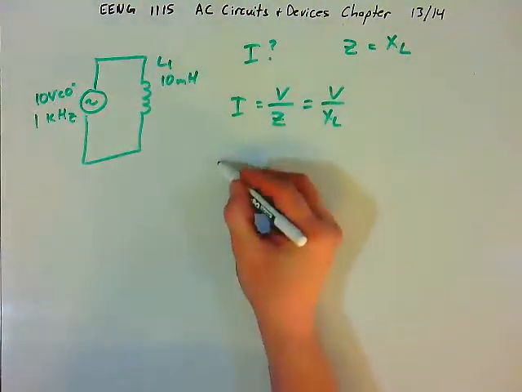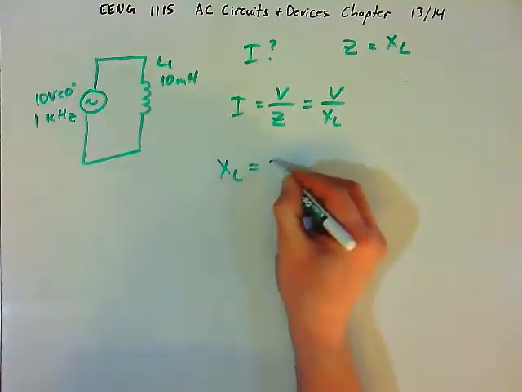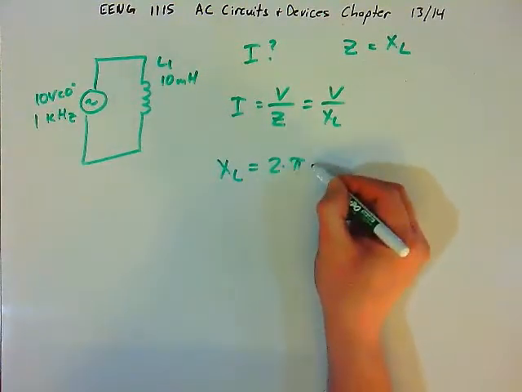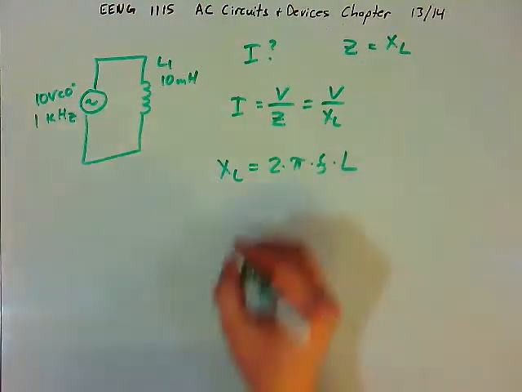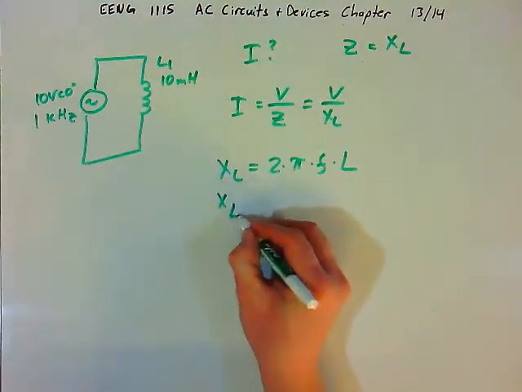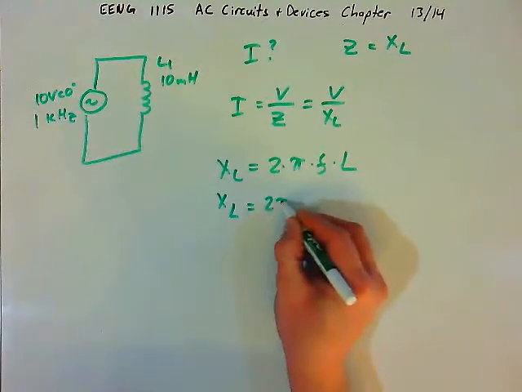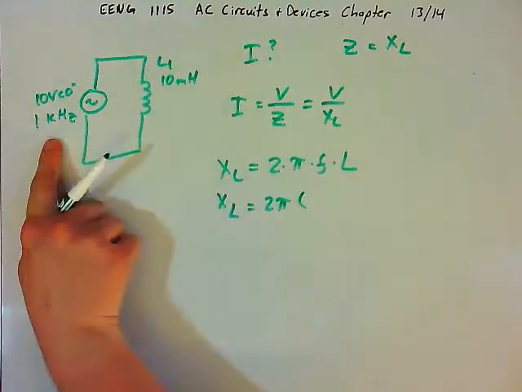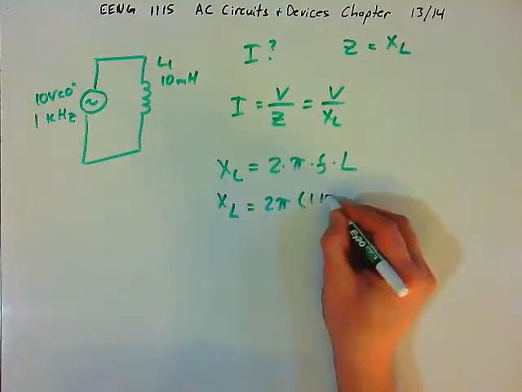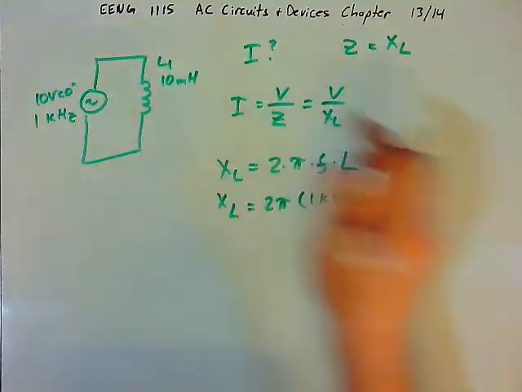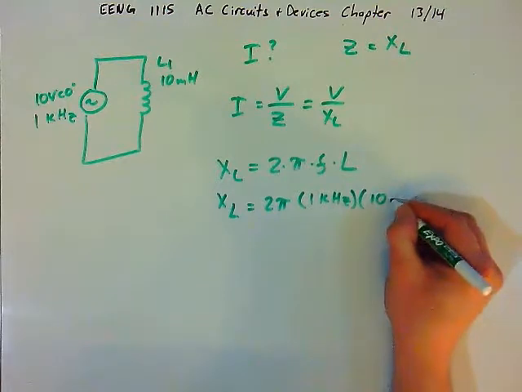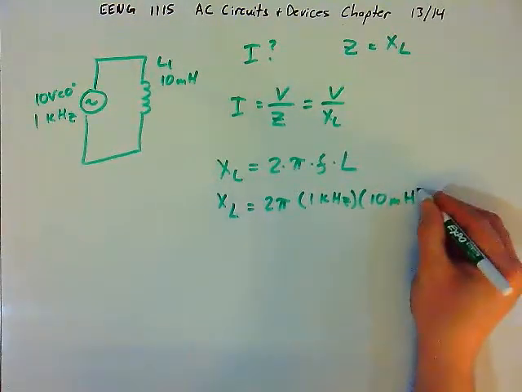What is the reactance? Well, the reactance is equal to 2 times pi times the frequency times the inductance of the inductor. And so the inductive reactance will be 2 pi times the frequency of the circuit, which is 1 kilohertz, times the inductance of the circuit, which I said is 10 millihenries.